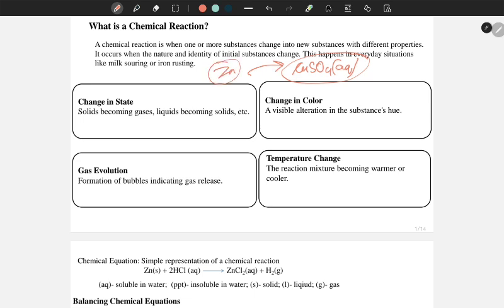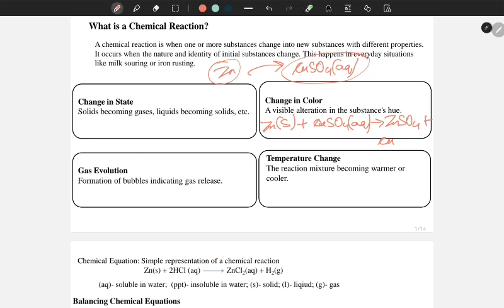Okay, so what is the chemical reaction that is taking place here? Zinc solid plus copper sulfate aqueous reacts to form zinc sulfate plus copper. So what is happening here?